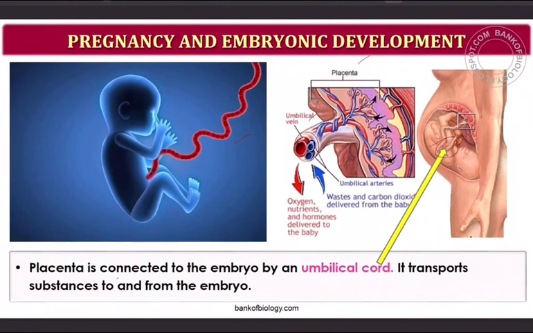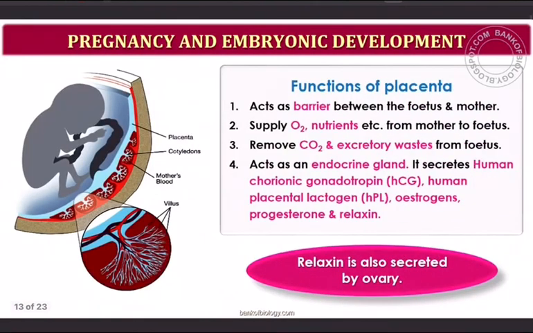The placenta is connected to the embryo by an umbilical cord. You can see the placenta, then the umbilical cord, and inside it transports substances to and from the embryo.